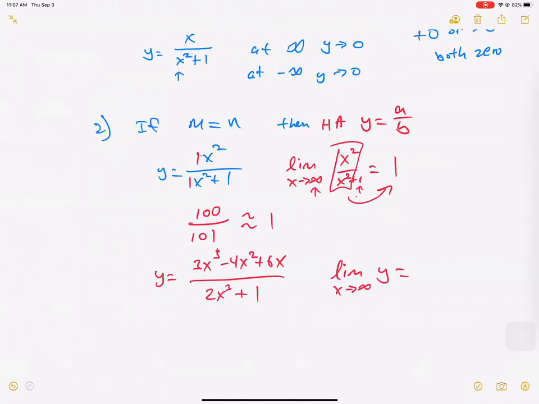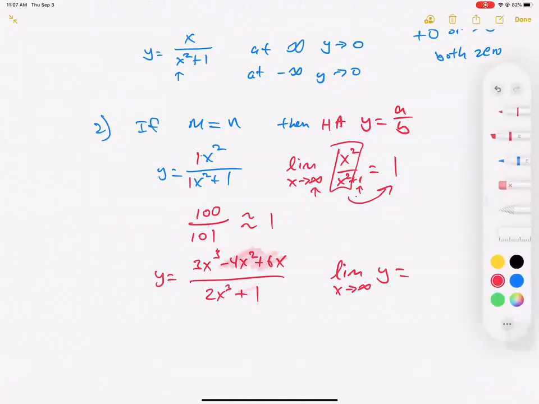At infinity, don't talk to me, I don't care. It's just 3 trillion divided by 2 trillion. It's just 3 over 2. That was one of the cool rules. At infinity, you don't care about anything else. You just care about the front coefficient.